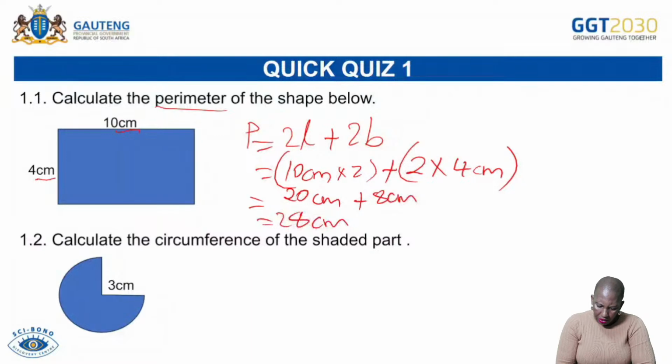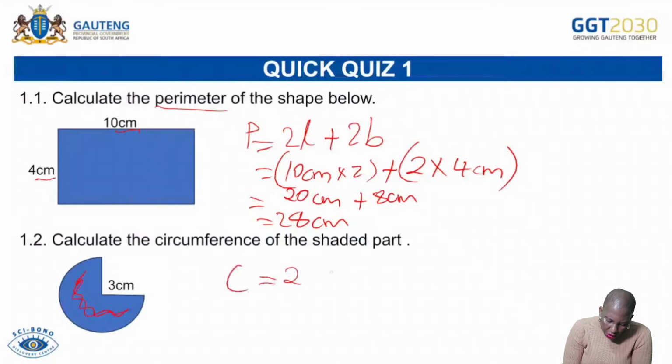And then now let's quickly check the second one. Now with this one, calculate the circumference of the shaded part. It means we are only focusing on the shaded part. And what is the circumference? C is equal to 2 pi r.